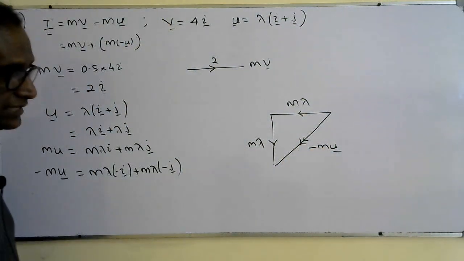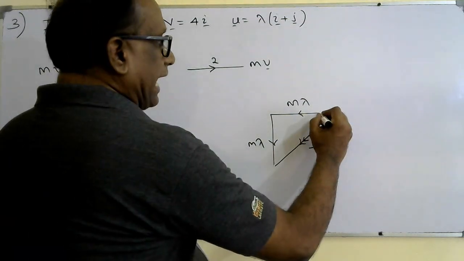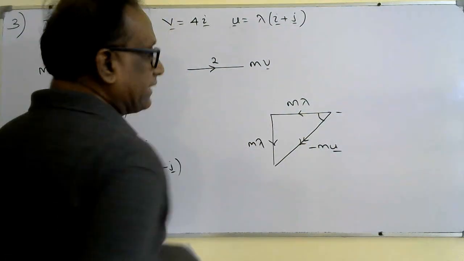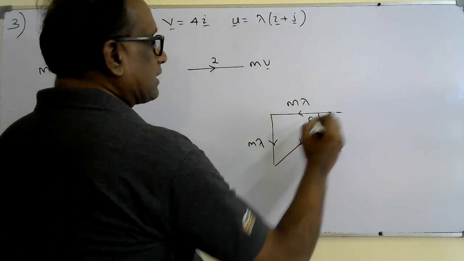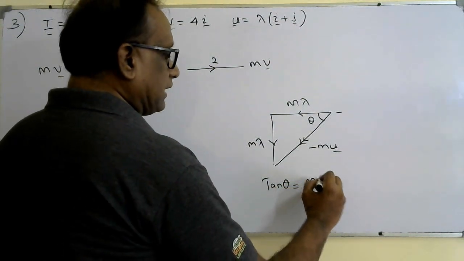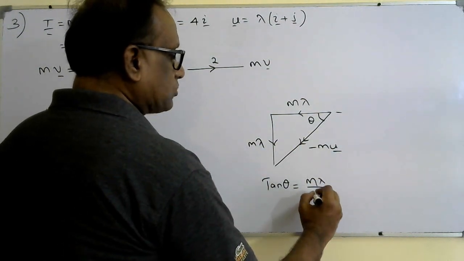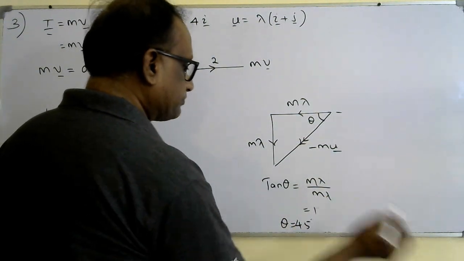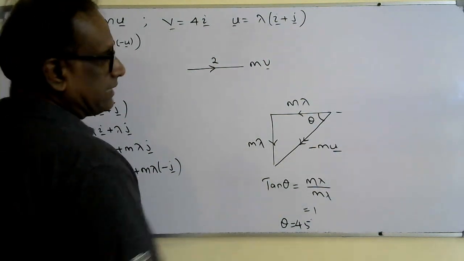What will be this angle with the negative i direction? Theta. tan theta is equal to m lambda opposite over adjacent m lambda, that is going to be 1. That means theta equals 45 degrees. So that's the direction of minus mu.